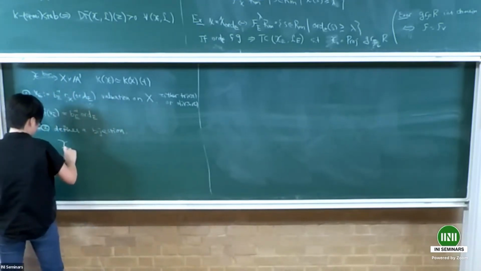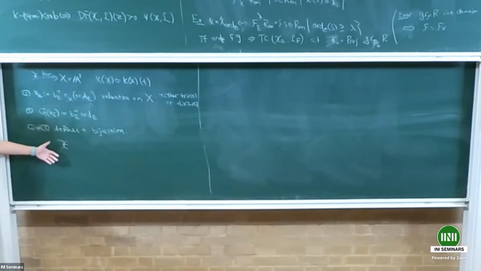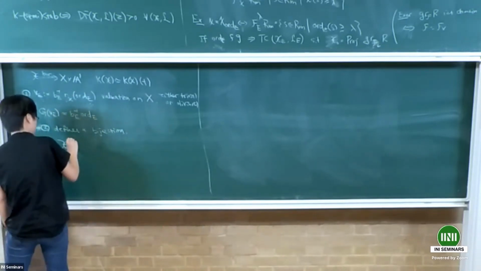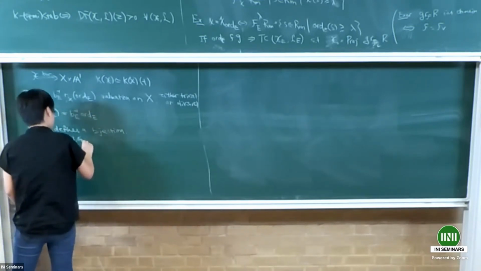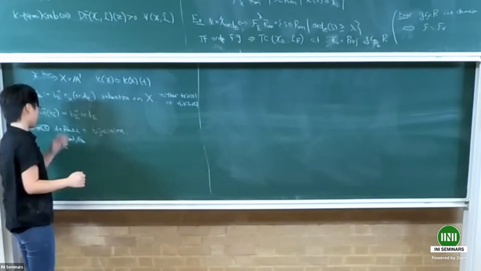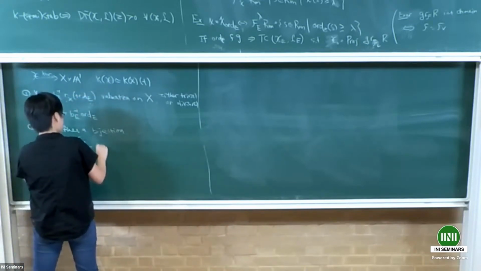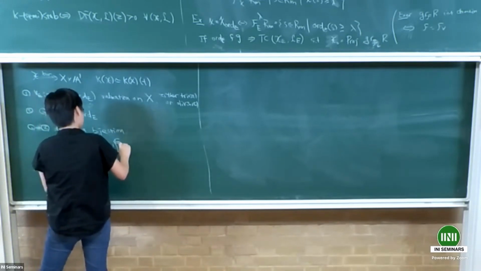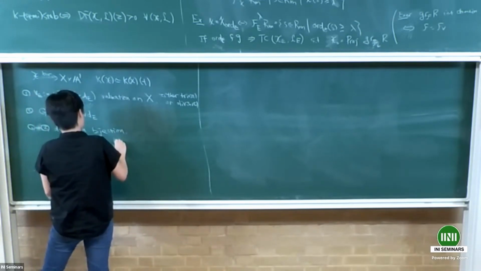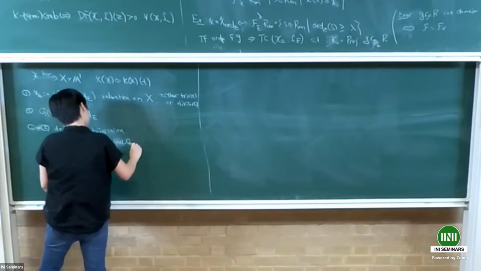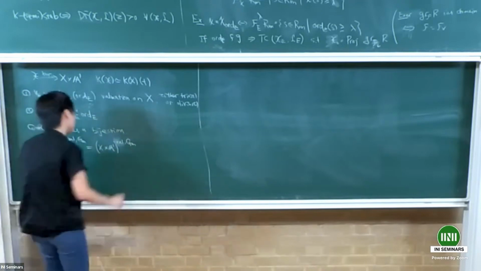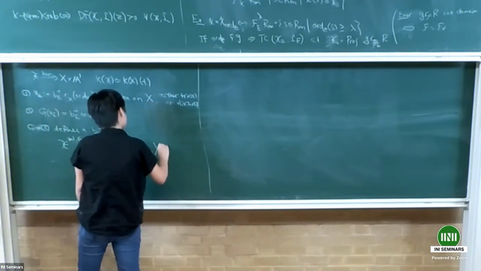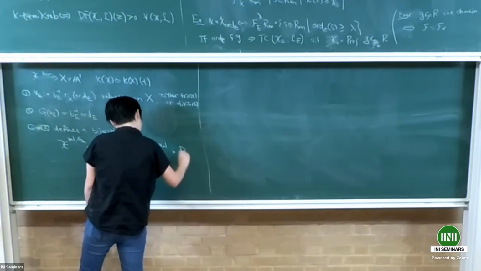One is you look at your test configuration and the valuations on this, but Gm equivariant. This, through this function field identification, is the same as looking at X cross A1 and recording all the Gm invariant valuations. And this is a bijection with just valuations on X cross R.